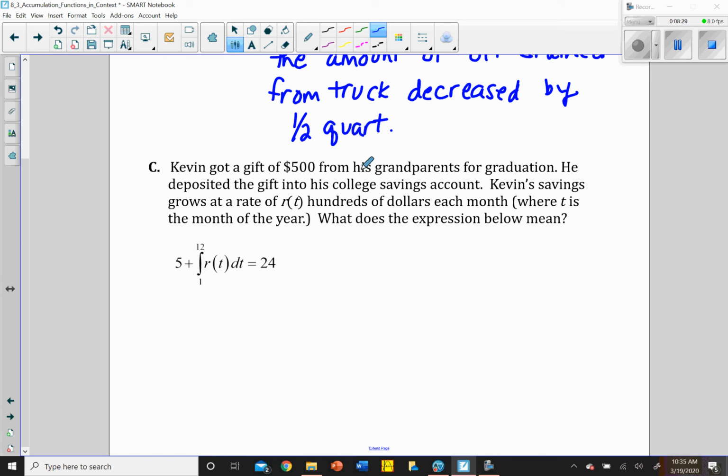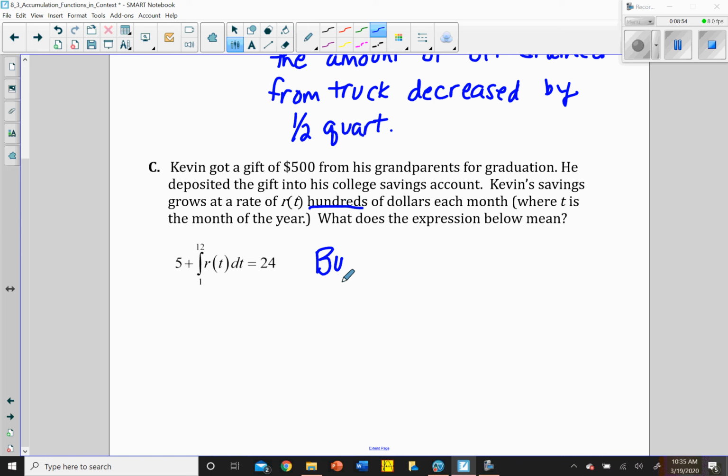What does the expression below mean? Well, let's see. We're going from, looks like from the 1st month to the 12th month. So by the end of the 12th month, Kevin's account had a total of $2,400 in the account, because he started off with $500.